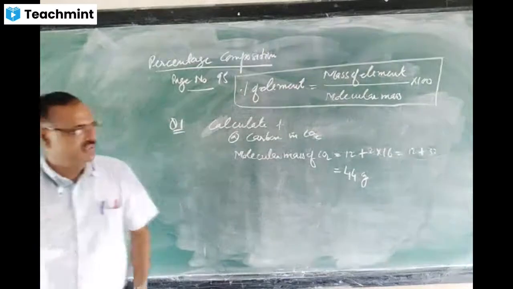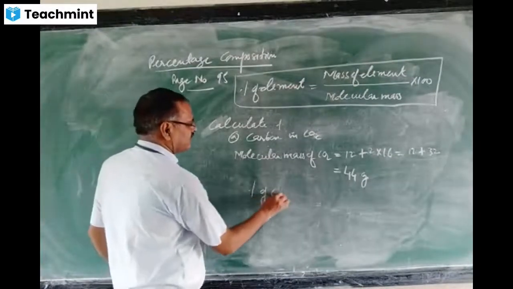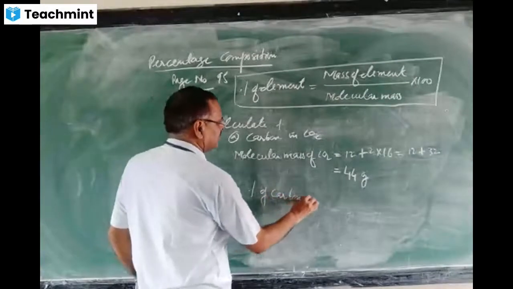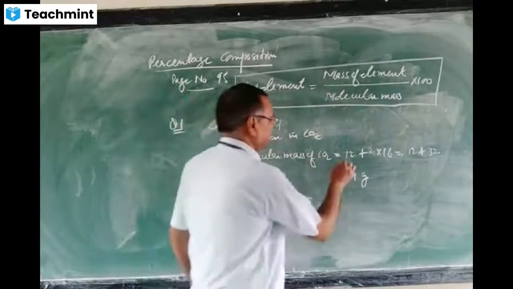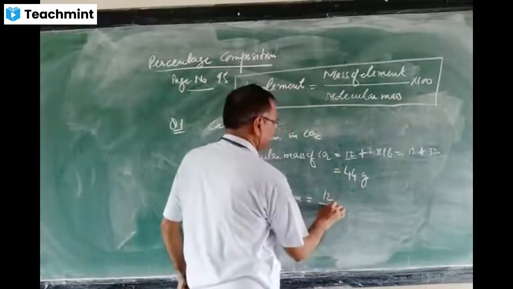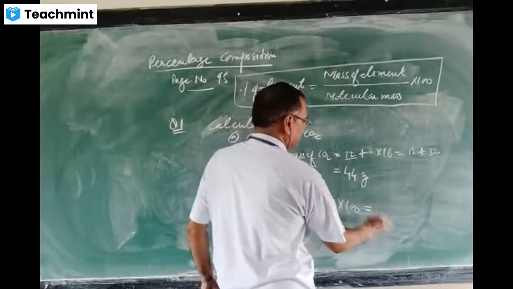Now you can apply the formula: percentage of carbon equals mass of element, so what is the mass of element? 12 upon 44 into 100.